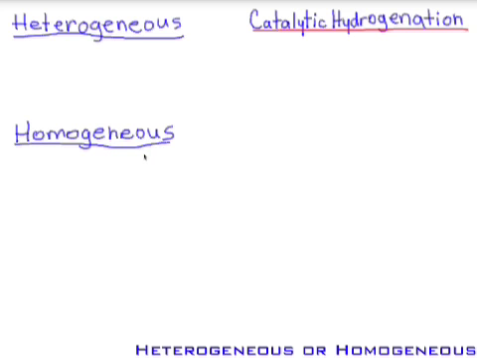Now, heterogeneous catalysts are two-phase. That is, the catalyst is not soluble in the solvent. It's usually a finely divided metal, such as platinum or palladium or nickel, although there are others.